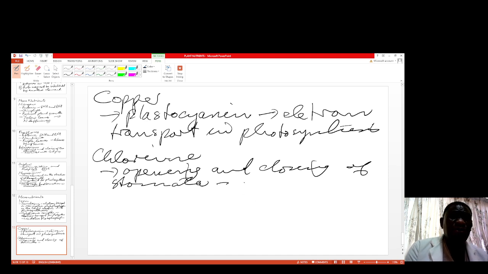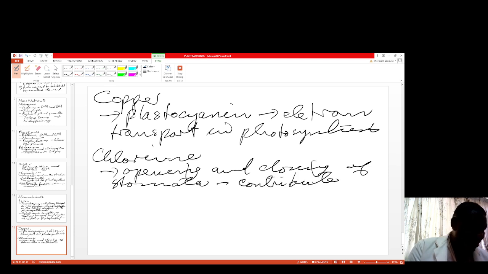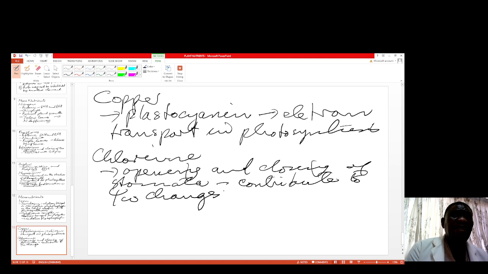It can contribute to water potential changes in the guard cells.